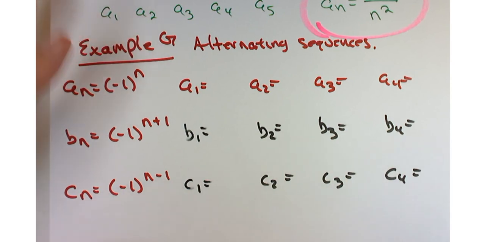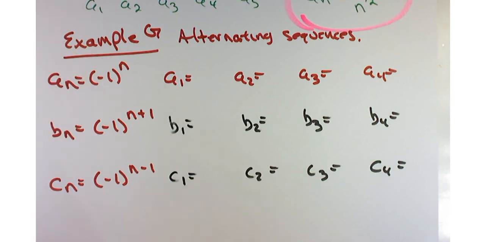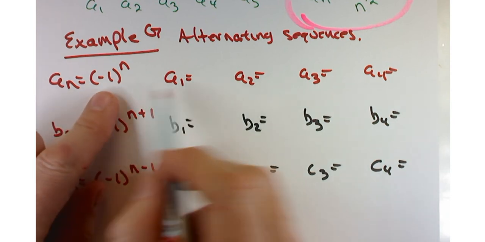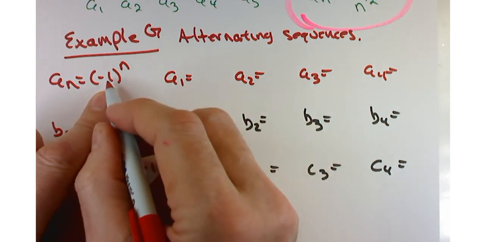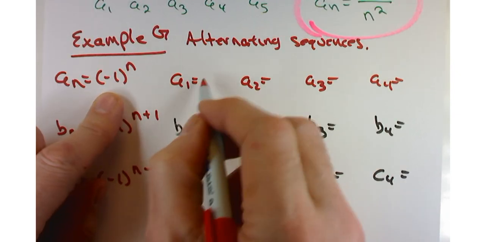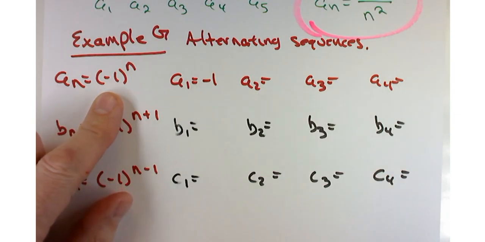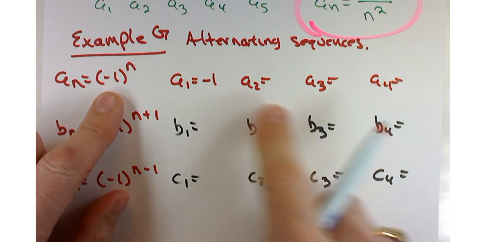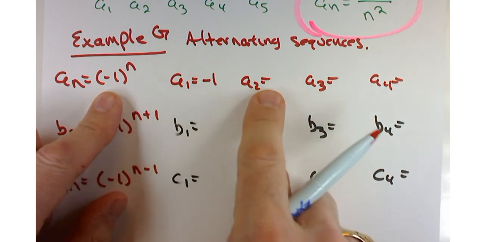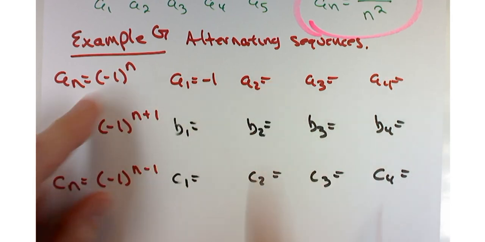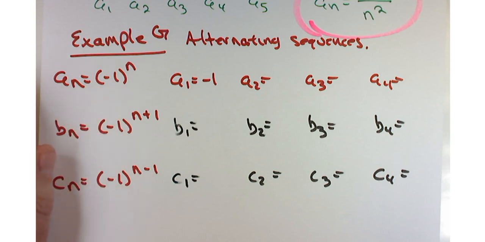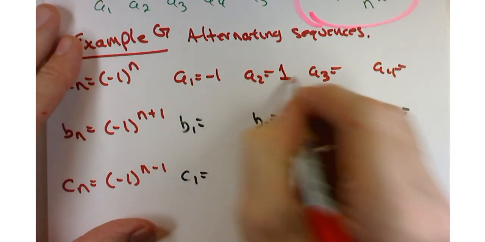Now I'll do maybe a couple with you to try and figure some things out. For instance, if I want a sub 1, that'd be -1 to the first power. That's just -1. How about a sub 2? That's -1 squared. -1 times -1 is +1.